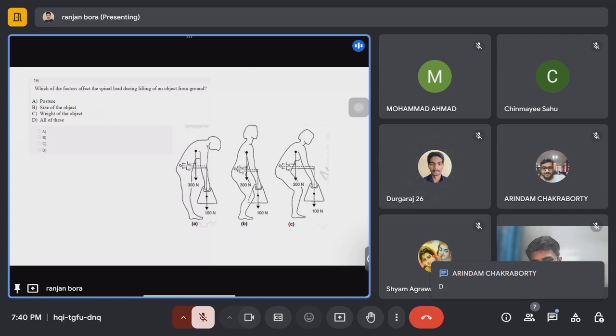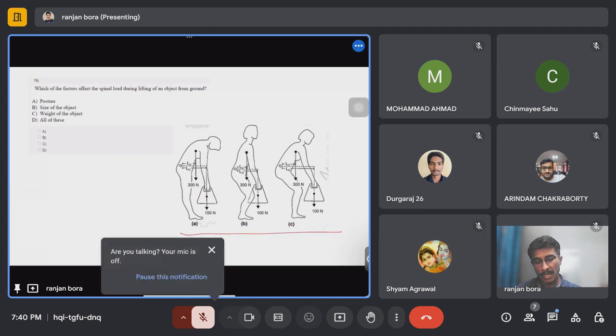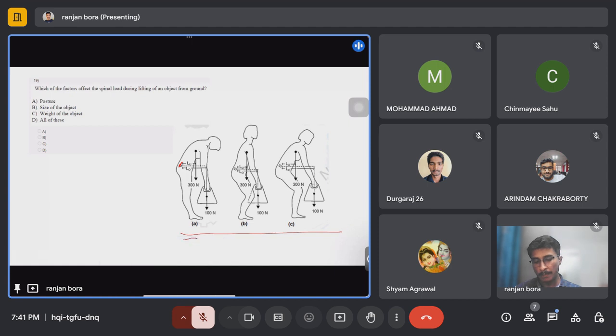From this figure you can see the posture of this man, then the size of the object, then the weight of the object. In the slides, this problem is solved: for these three conditions, what will be the moment which acts at this lumbar region of the spine? So it depends on all of the above: posture, size of the object, weight of the object.